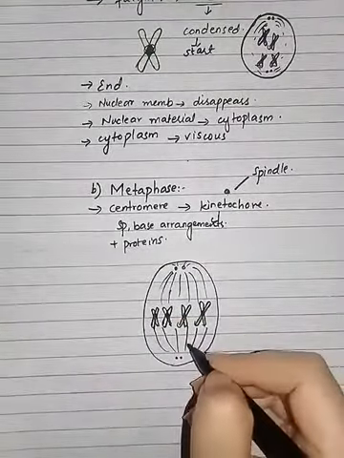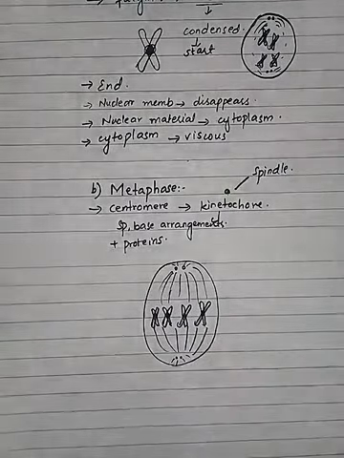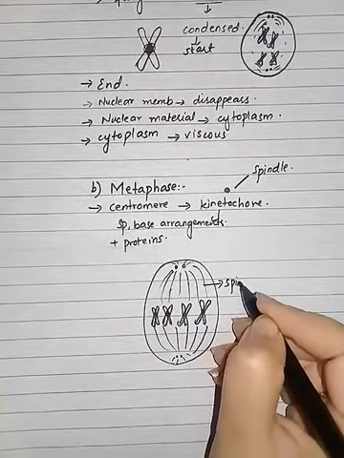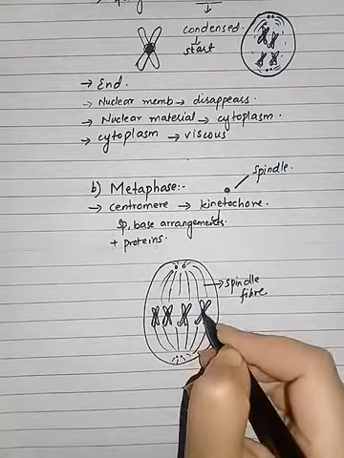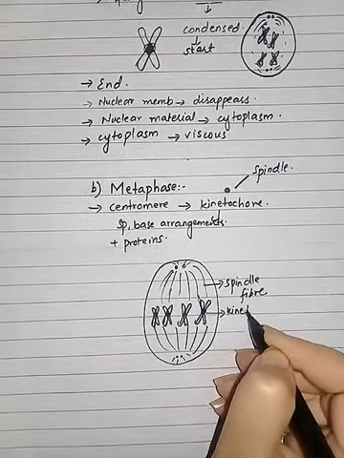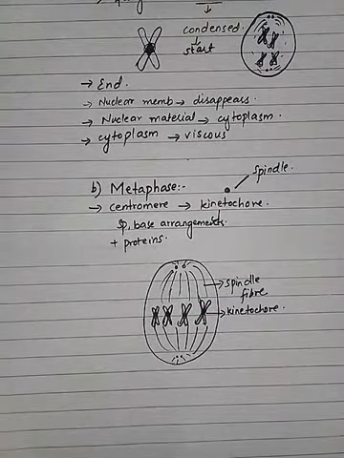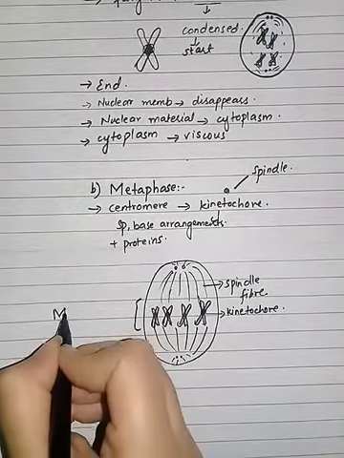Now each chromosome will receive one fiber from each pole. This is a spindle fiber, and the fibers are attached at the centromere at the point of the kinetochore. So this area is the metaphase plate.